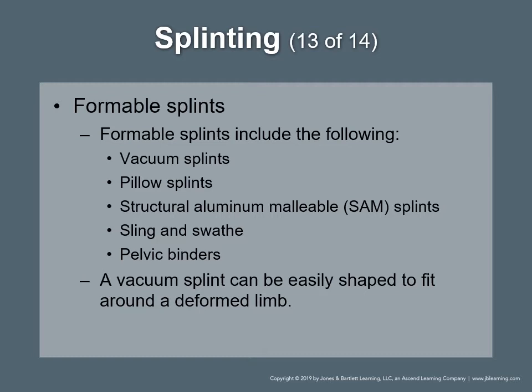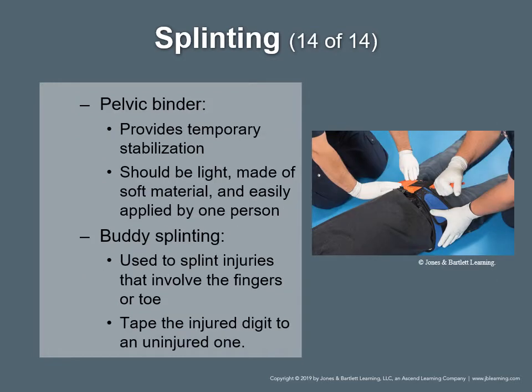Follow the steps in skill drill 33-8 to apply a vacuum splint. Pelvic binders are meant to provide temporary stabilization until definitive stabilization can be achieved. They should be light, made of soft material, and easily applied by one person. Be familiar with the manufacturer's instructions for your specific device.